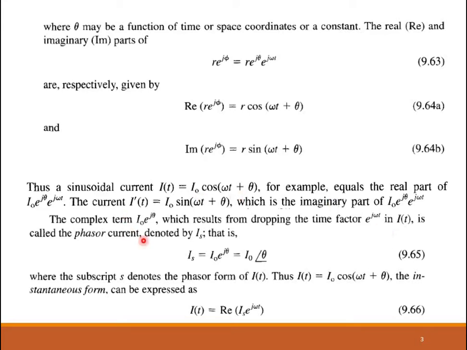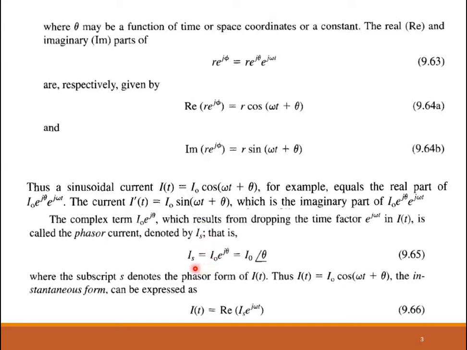The other term, I0 e raised to j theta, which results from dropping the time factor e raised to j omega t in I of t, is referred to as the phasor current, and that will be denoted as IS.